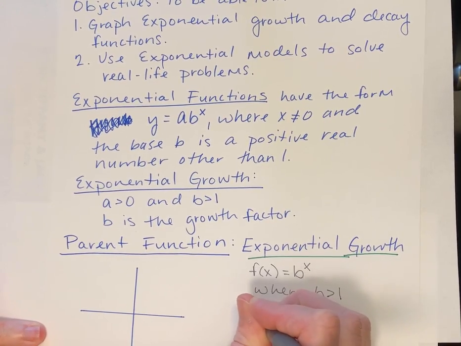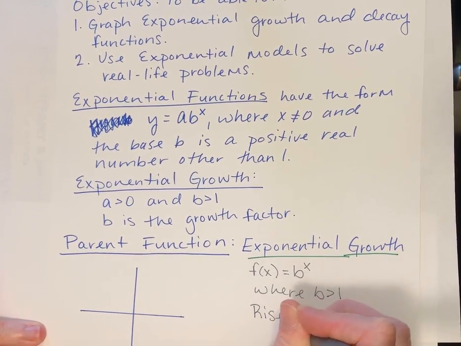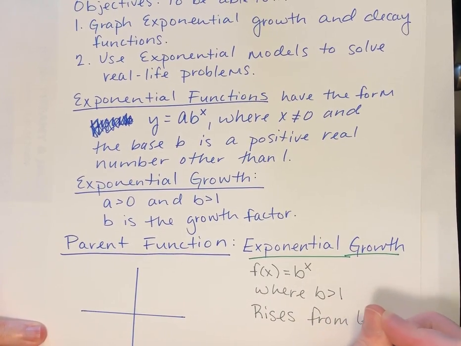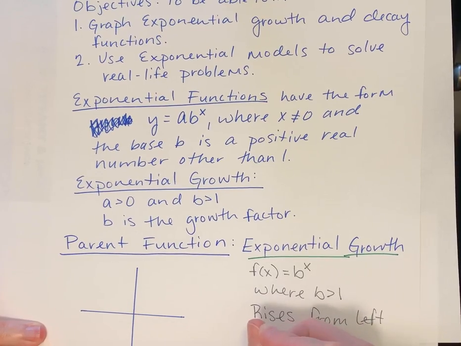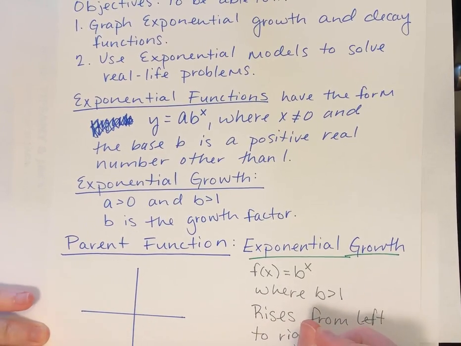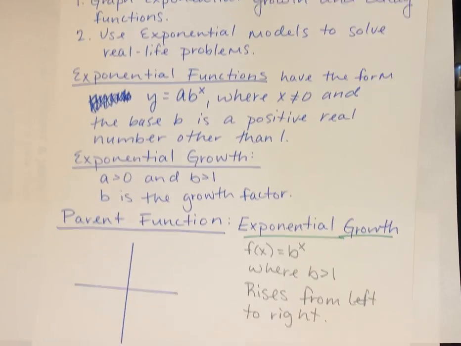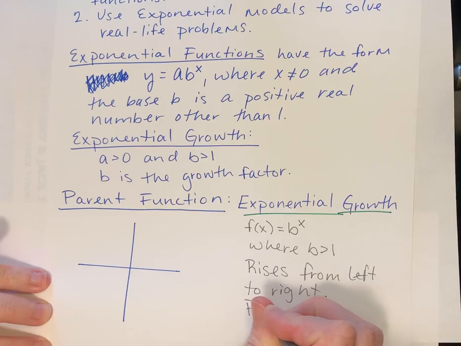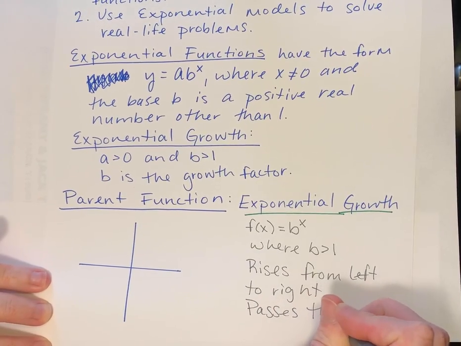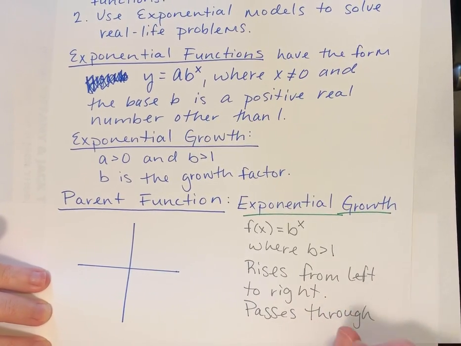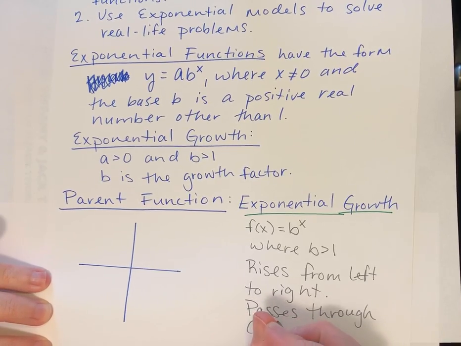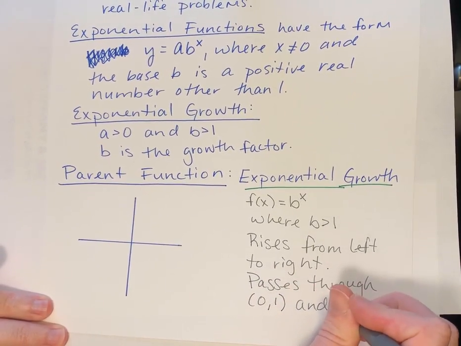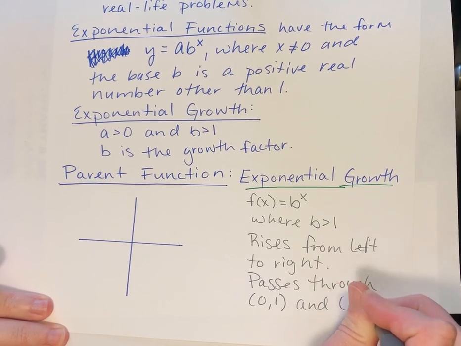Our graph is going to rise, so it rises from left to right. It also passes through the point 0, 1 and 1 comma b.